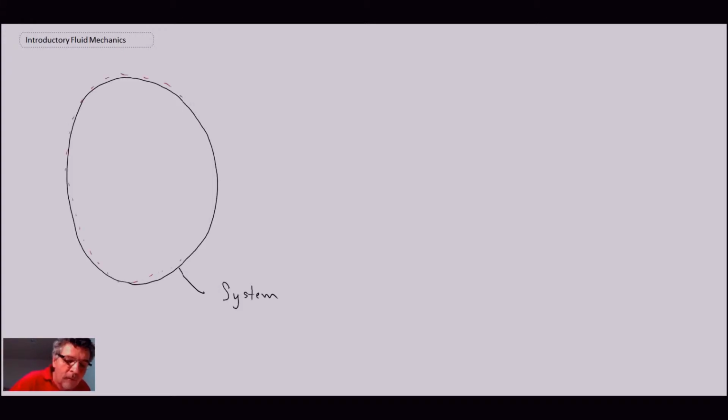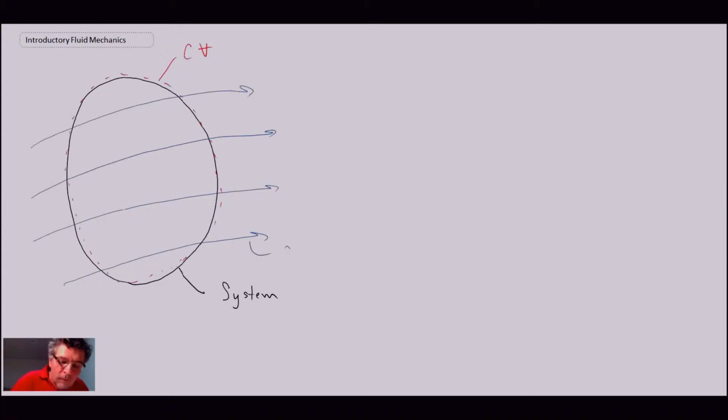So let's begin by looking at our system and control volume at time t0. What we have here is time t0, where we have a system and a control volume that coincide and occupy the same chunk of mass.